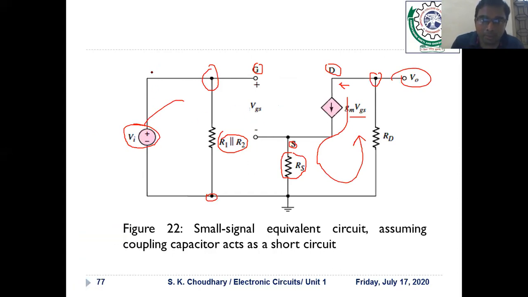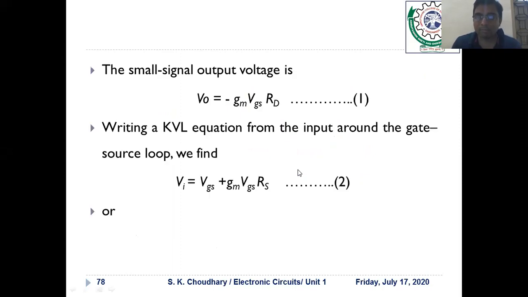Vi is the voltage between the gate terminal and ground. So it is the summation of VGS plus the voltage drop across RS. What is the voltage drop across RS? The current ID, gm VGS, is flowing across it. So it is gm VGS into RS. So this is shown here. So VGS is equal to Vi upon 1 plus gm RS.